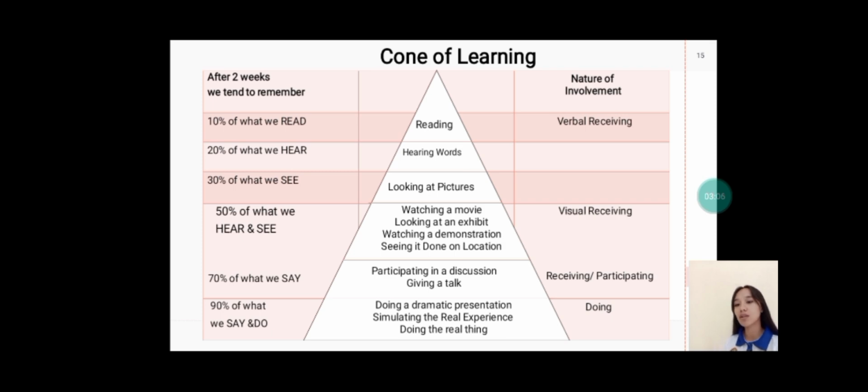So this level emphasizes hands-on learning, where learners directly engage with the material through activities such as dramatic presentation, real experiences like field trip, community immersion, and practice teaching. So the direct experience and active participation in these activities leads to a deep understanding and lasting retention.